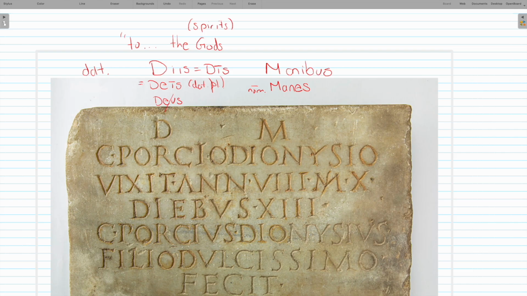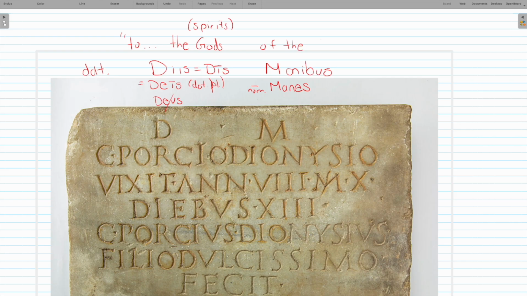So the idea of writing this dedication or address at the beginning of the plaque is a way of calling the attention of these manes and saying, take care of the person that just died, or this is said to you so you can guide them in the underworld, something along those lines, to the spirits or to the gods of the dead.